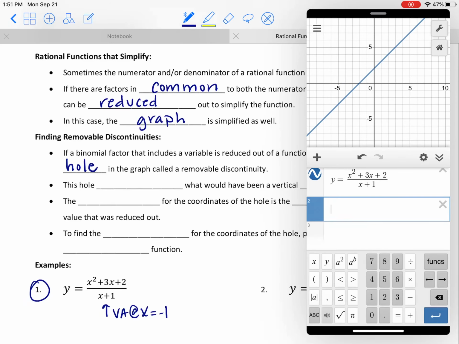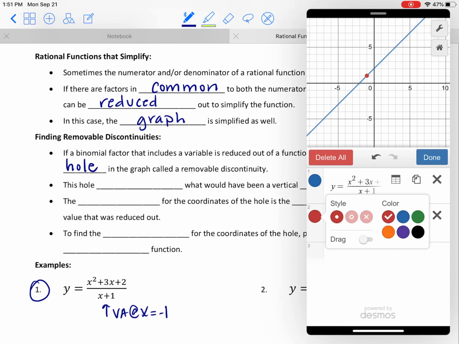What's happening in the graph, instead of the vertical asymptote at -1, is a hole. And so at x equals -1, and technically it's going to be y equals +1. And I'll show you how to get these coordinates in just a second. What we have in this graph is a hole.